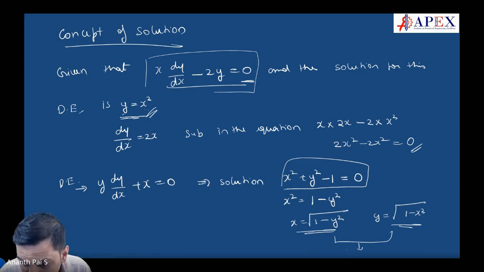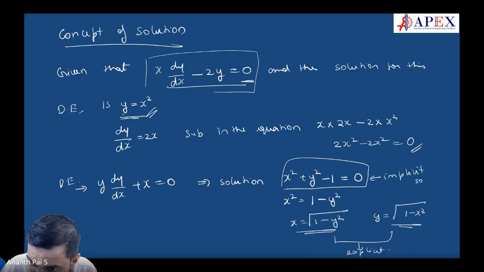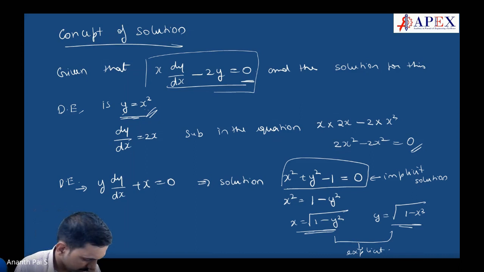I'm sorry, this is explicit. This is the explicit solution, whereas this is implicit. The same solution you can sometimes write explicitly, but not all implicit solutions can be explicitly defined.